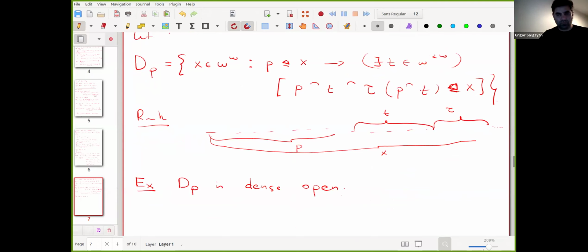And the complement of A is actually equal to the intersection of the D_P. For example, if something gets into the intersection of the D_P, then you can write it as a run of the game.